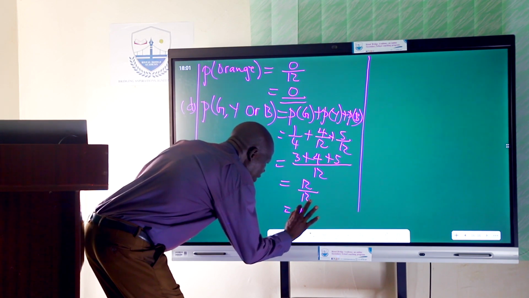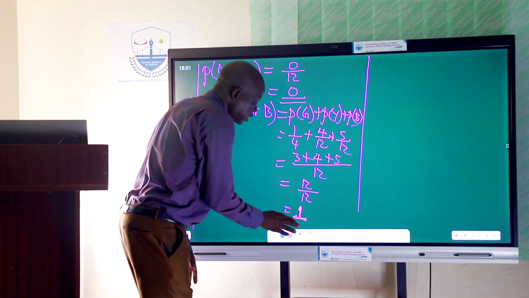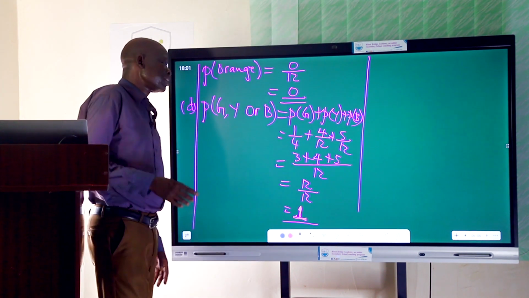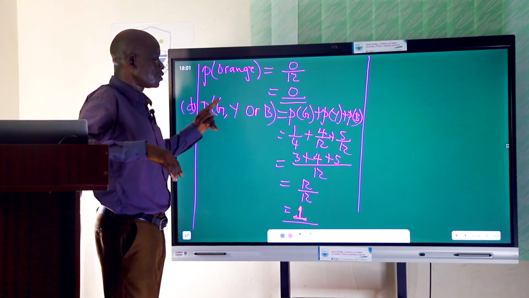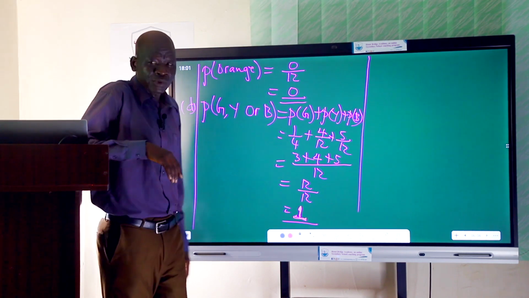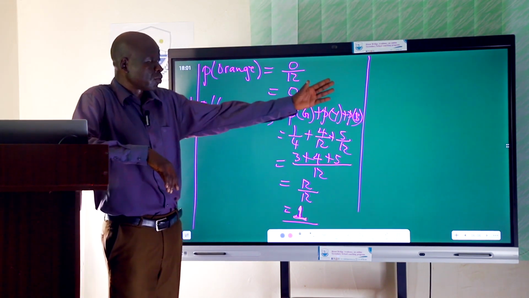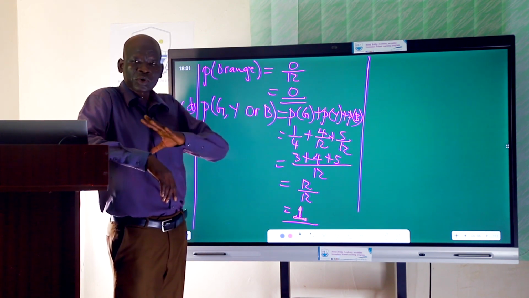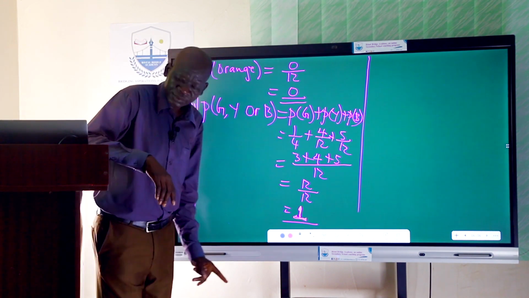So the answer is 1, which is the highest probability we can have. So the probability of getting the green or yellow or blue is 1. And indeed, all of them are there. So the chance of getting blue, green, or yellow is 1.